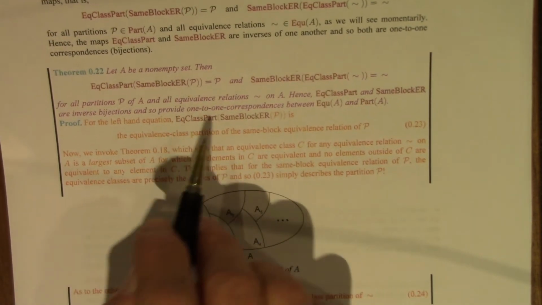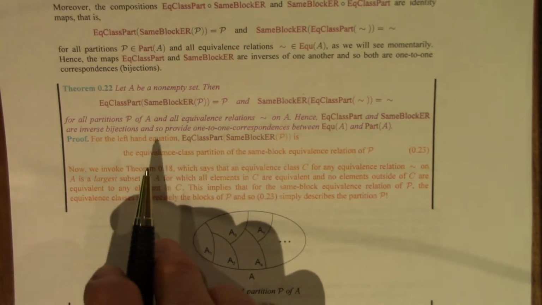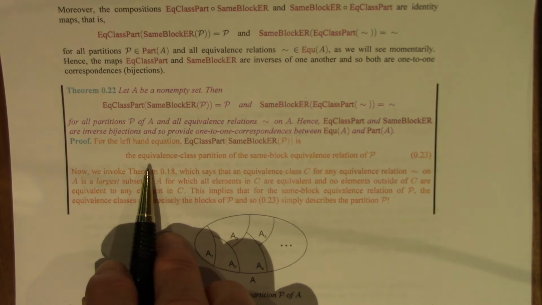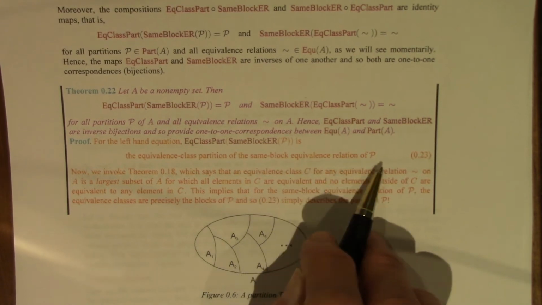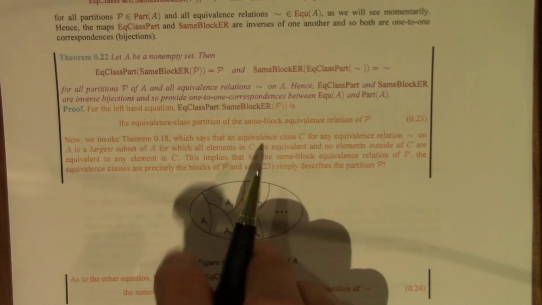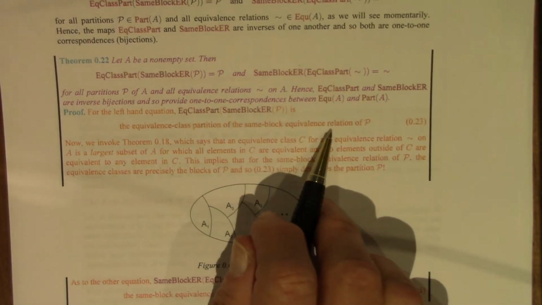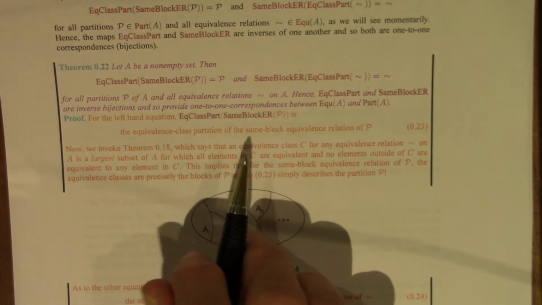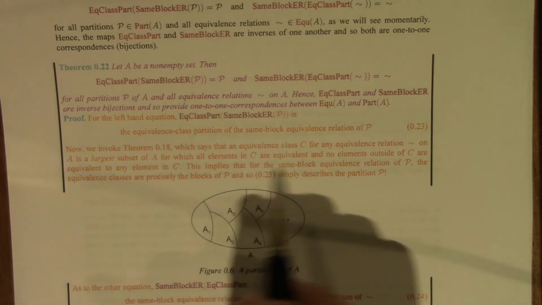And here is the proof. For this equation, we just take a look at this expression. It's the equivalence class partition of the same block equivalence relation. What do the equivalence classes look like for the same block equivalence relation? We have seen that one way to describe equivalence classes is as the largest subset for which all the elements are equivalent.